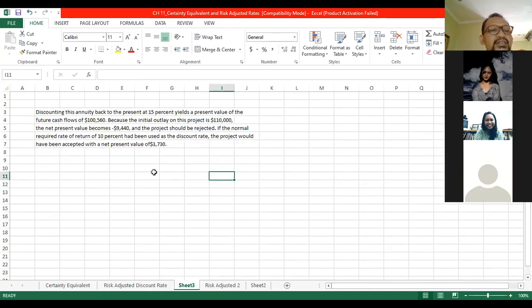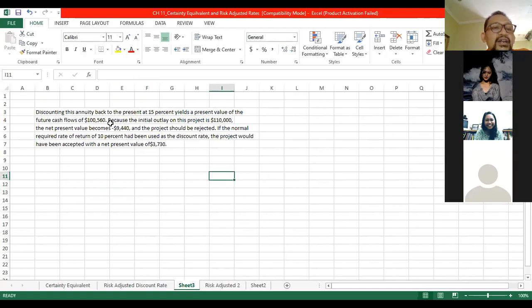This is an explanation of the previous discount. What you need to do is discount this annuity back at 15% to get the present value of the future cash flow. Because the initial outlay is 110, your net present value is minus 9,440.